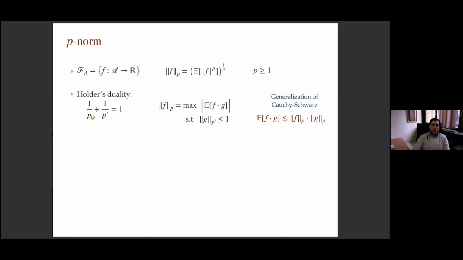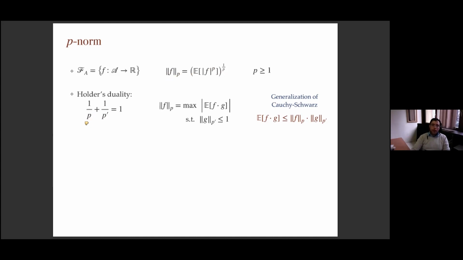Maybe to get some intuition: if p is equal to 1, then p prime would be infinity, and the other way around. You can define this as p goes to infinity. In fact, the infinity norm of f is the maximum of the absolute values of the coordinates of f, the maximum of the absolute value of f of 0, f of 1, and so on.